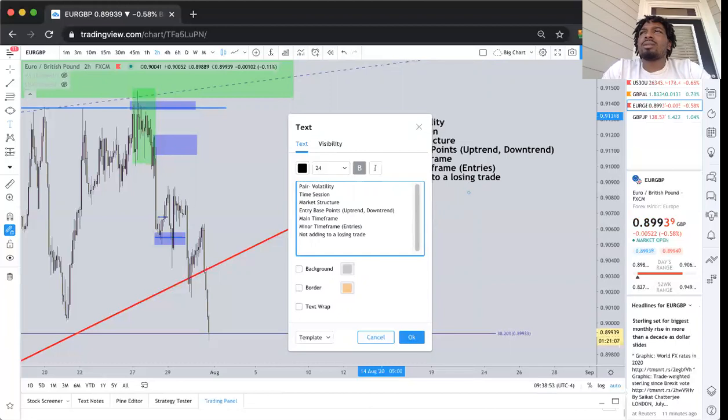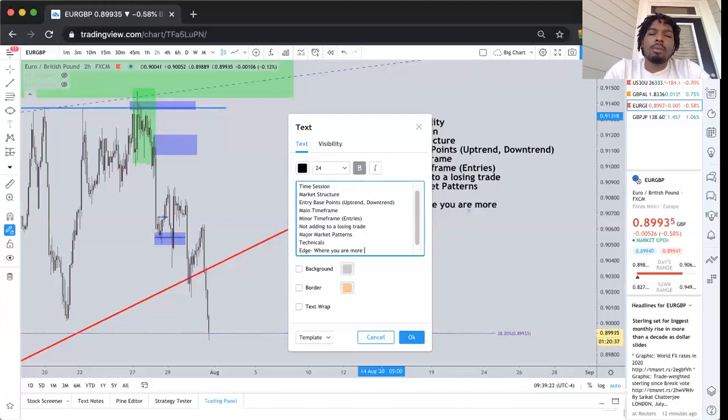Other things like certain major market patterns that you're looking for, as well as certain technicals that you want to draw or pay attention to, and this is what gives you your edge, meaning where you are more probable in the market.